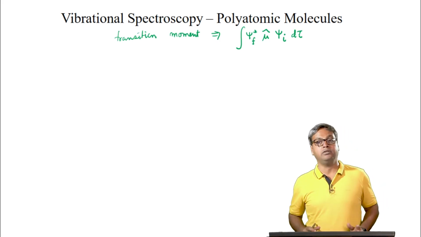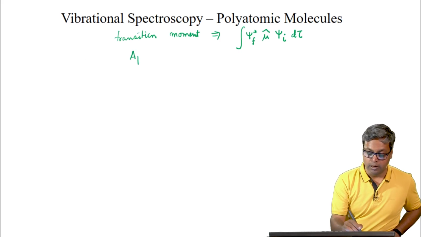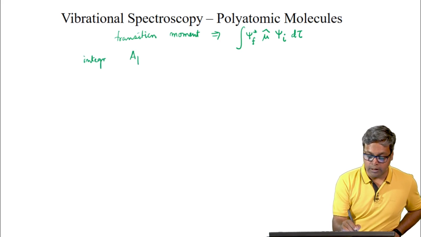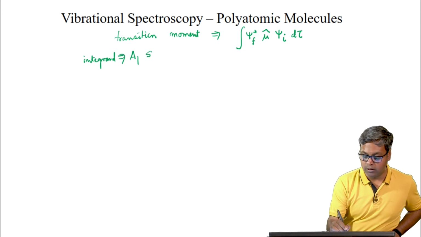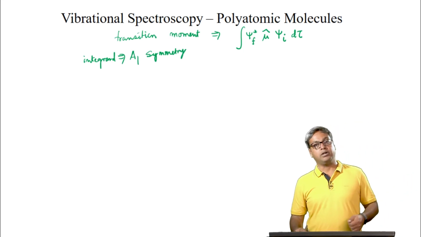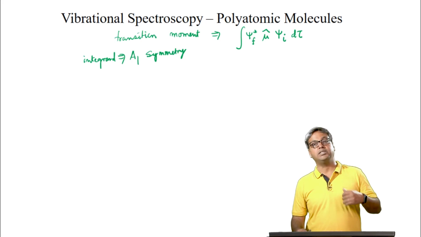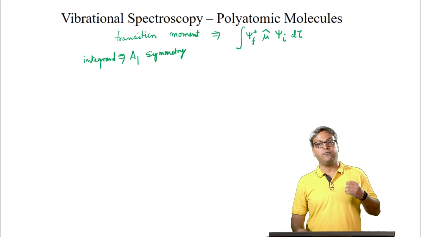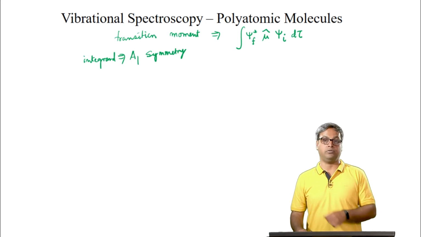So, the integrand must have an overall A1 symmetry. In other words, it must be totally symmetric if it has to be non-zero.